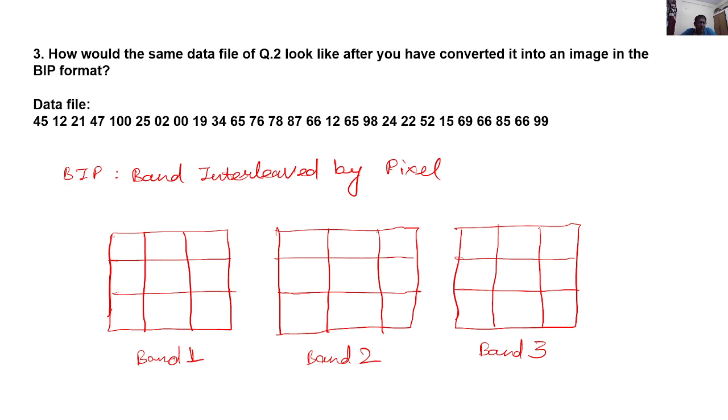Let me show how it actually works. So this 45 would go into the first pixel location. Let me just show the pixel locations. Let this be pixel location 1, pixel location 2, P3, P4.